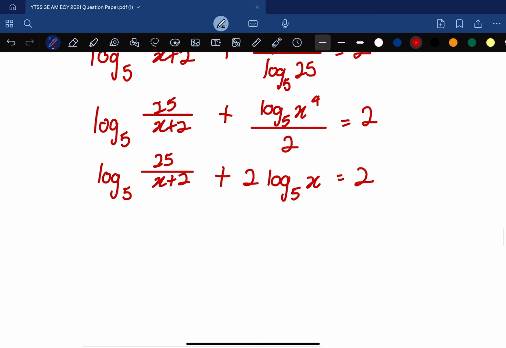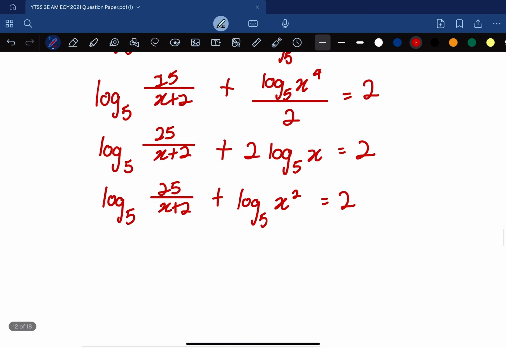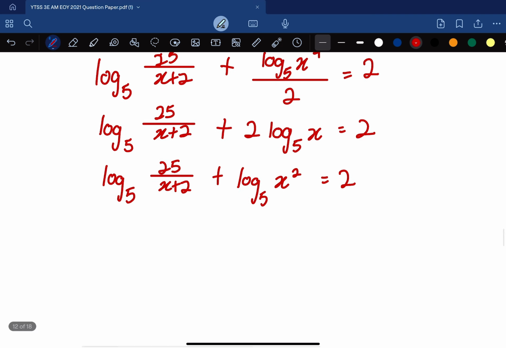I check, I can now combine them, okay, but in order to use my power law, I need to shift this back up first. Log base 5 25 over x plus 2, okay, plus log base 5x squared equals to 2. Now by product law, I can combine them together.